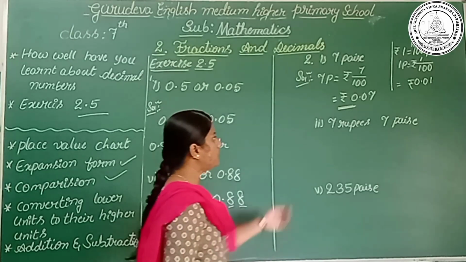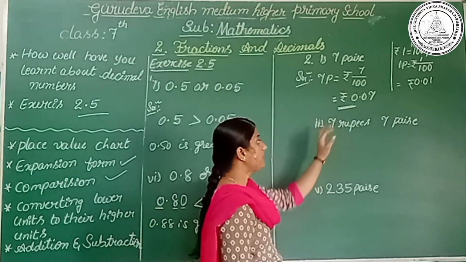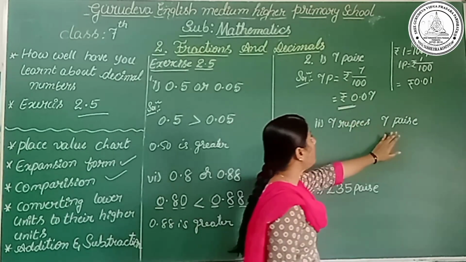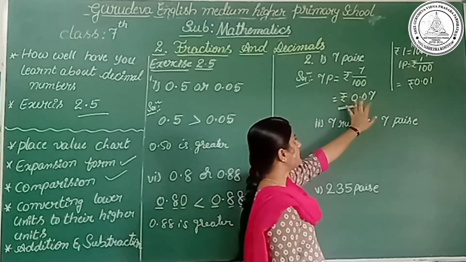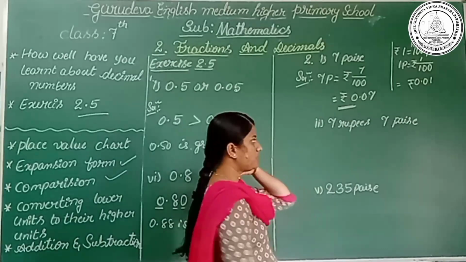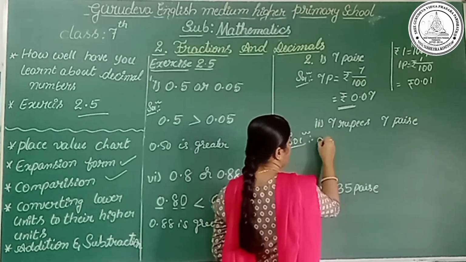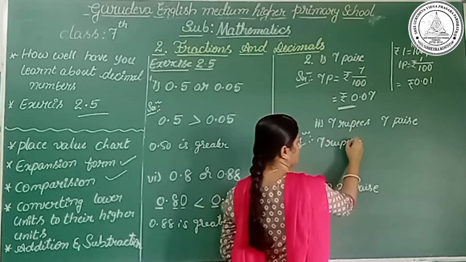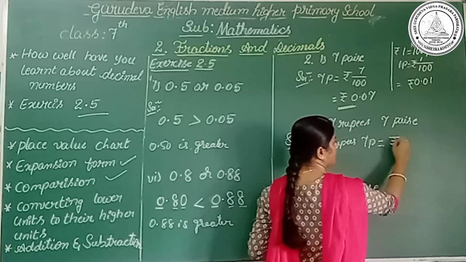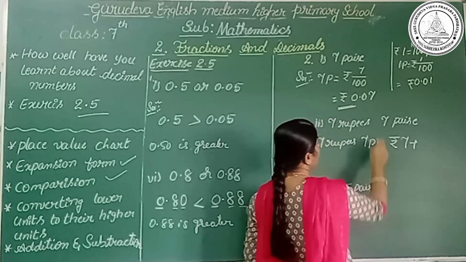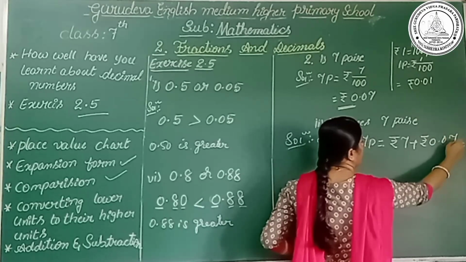Similarly the next one, 7 rupees 7 paisa. Here the rupees are already given and we have to convert the paisa. So we know that 7 paisa is equal to 0.07 rupees. So in the solution, 7 rupees 7 paisa is equal to 7 plus 0.07 rupees.